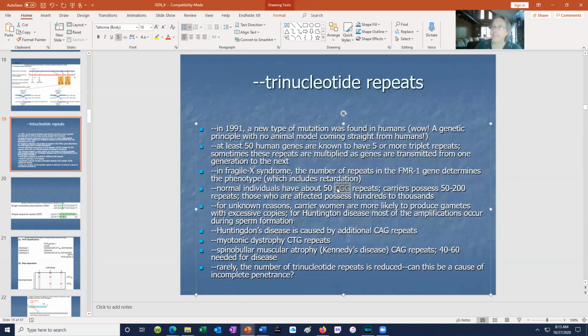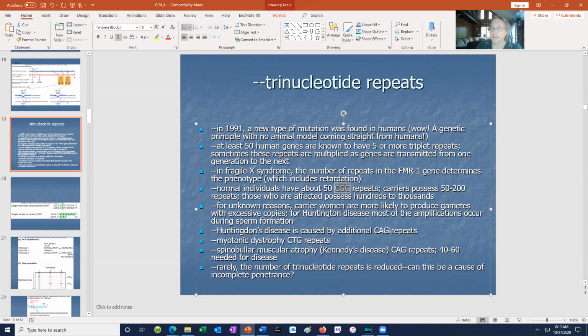Normal individuals have 50 repeats in a row. If that amplified to become 50 to 200, you were considered a carrier for the disease. And now your children could then potentially possess hundreds to thousands, which would mean that they would have the Fragile X syndrome, whose consequences would include retardation.